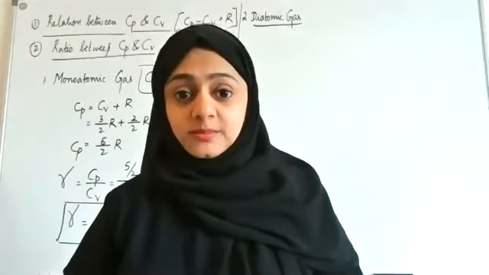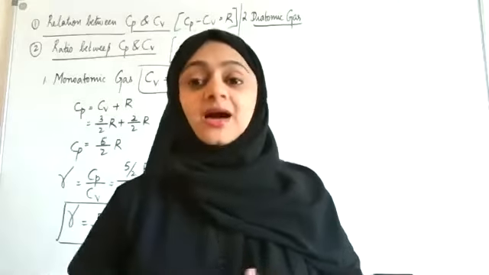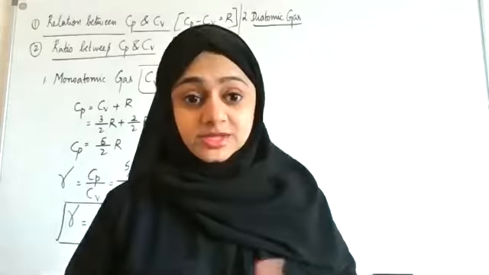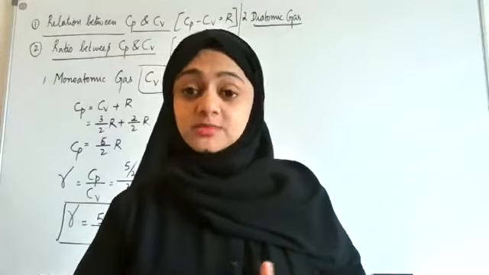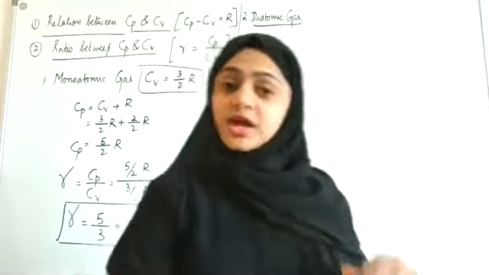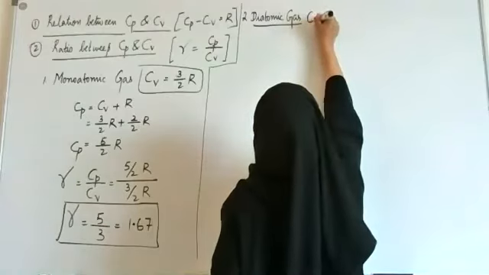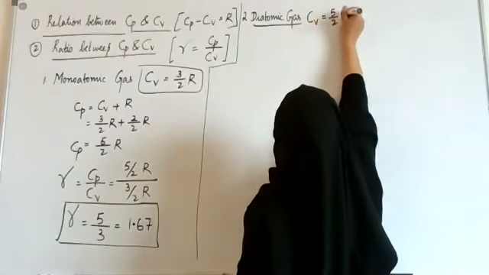Can you give me an example? Hydrogen, oxygen, nitrogen, they are all diatomic. There are two atoms in one molecule. So for diatomic gas, the value of CV is equal to 5 by 2R.